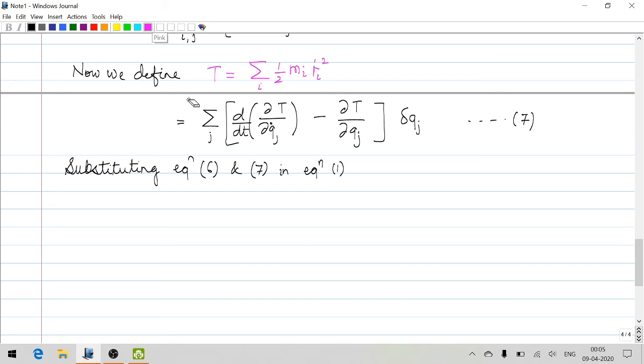As our practice, we'll put this also as an equation, because this is one of the important equations that we are having.